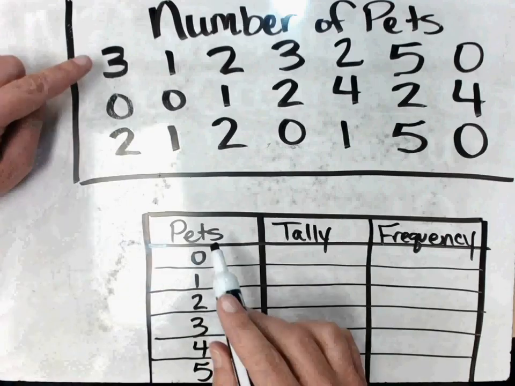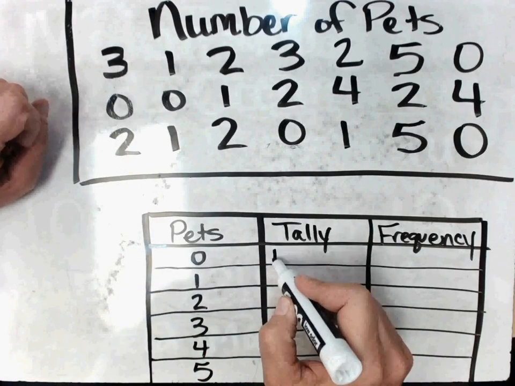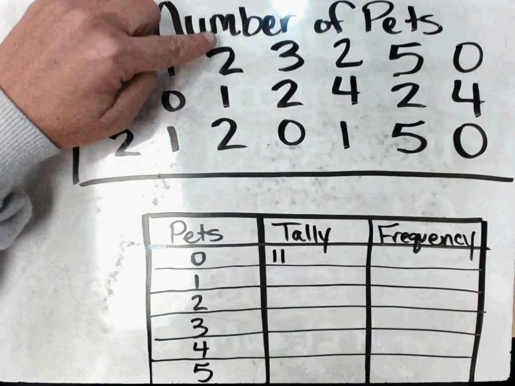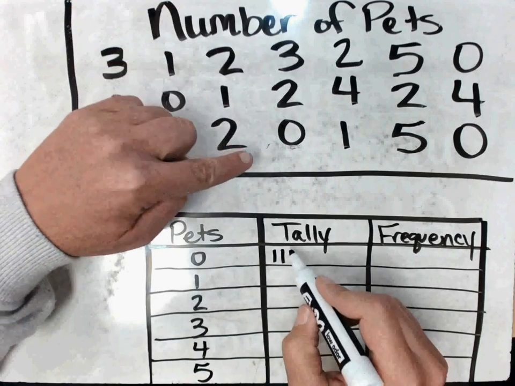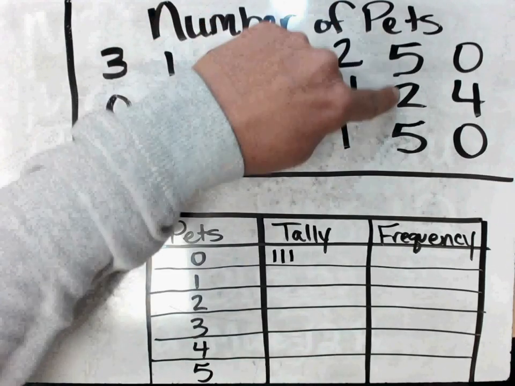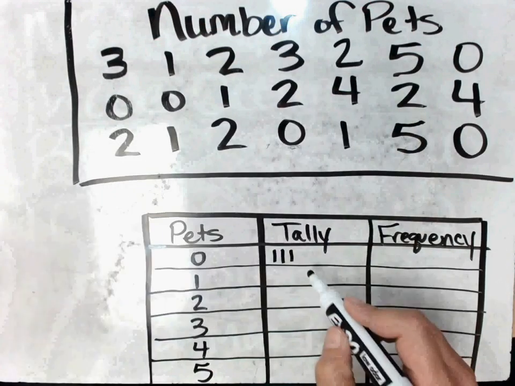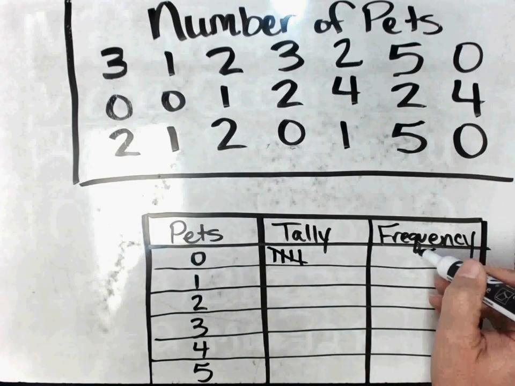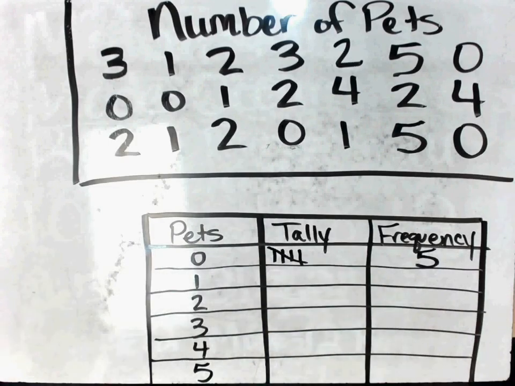So 0 pets. Well, let's see, there's 1 zero in this first column here. There's 1 zero in the second column, none in the third column. In the fourth column I have 1. Fifth column, no zeros. Sixth column, no zeros. Seventh column, I have 2 zeros. So altogether there were 5 tally marks, so it had a frequency of 5.